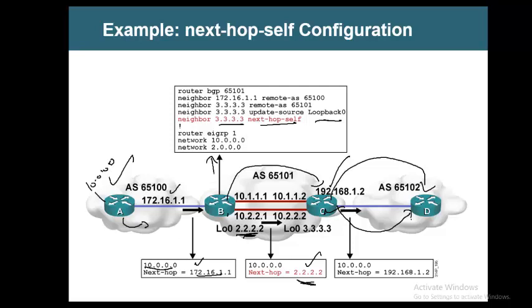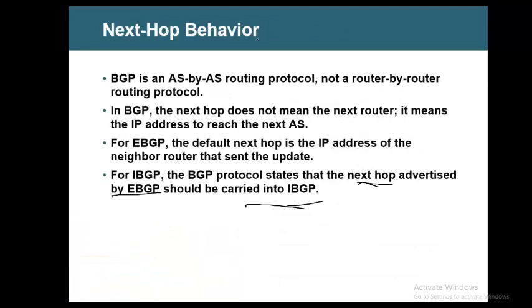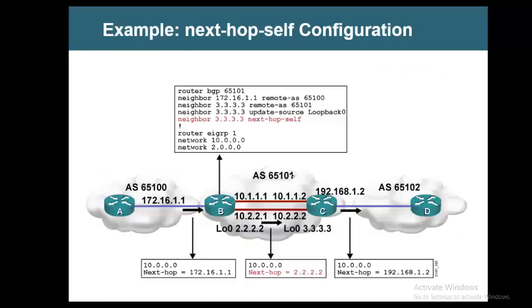We just learned two pages before that in eBGP, the default next hop is the IP address of the neighbor router that sends the update, which means when router D receives it, it will receive this address as the next hop. So do you have any question on this page? No, that's fine. It's all good from here.